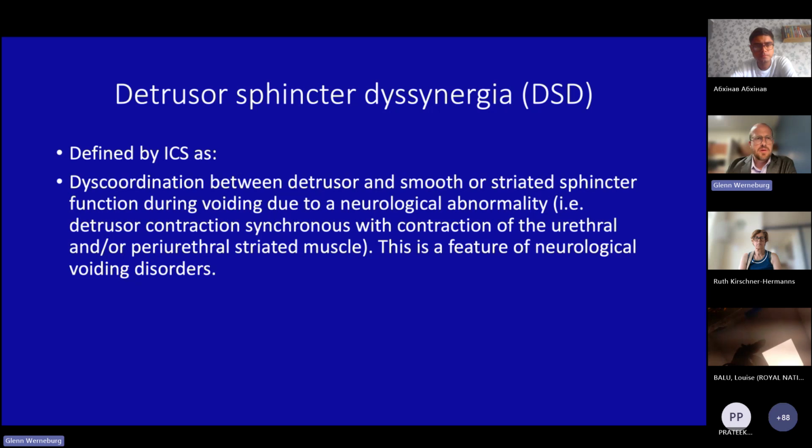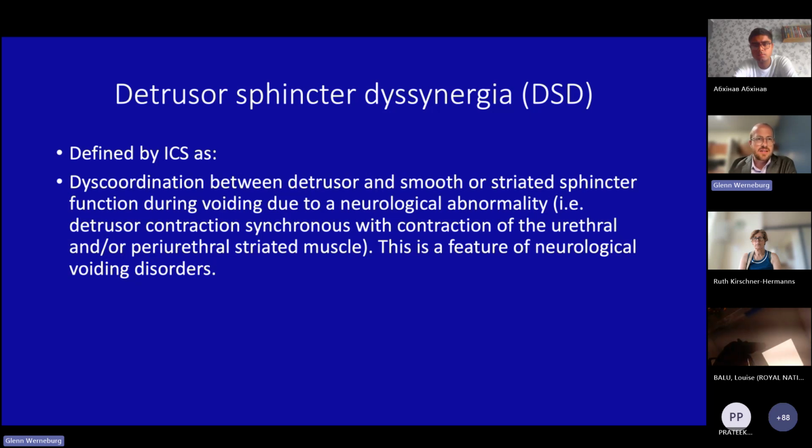for upper tract deterioration. The third one I wanted to discuss is detrusor sphincter dyssynergia. Essentially, the bladder and the sphincter are not working in a coordinated way. Normally, when somebody voids, the sphincter relaxes. In DSD, the sphincter doesn't relax, and actually you may see increased tone of the sphincter in the context of voiding.